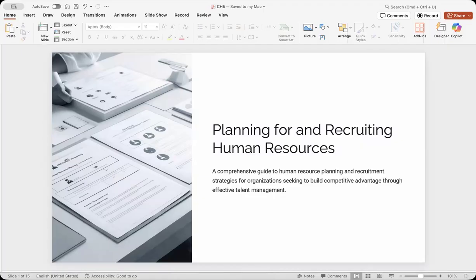So at the beginning of the semester, I talked about the three main functions of HR management, and that is to hire, develop, and retain the best employees. Initially, I started with just talking about HR in general, and then we went to some of the trends in HR.